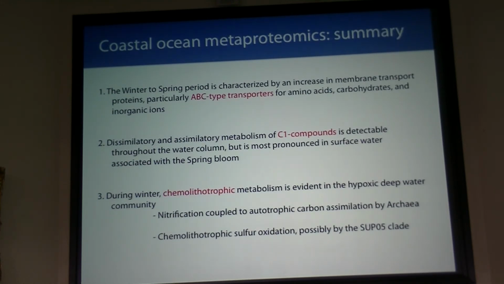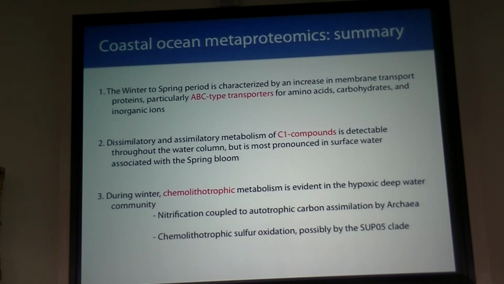Okay, so just to wrap up, using the proteomics, we were able to show that the metabolic pathways that are associated with spring phytoplankton blooms involve ABC type transporters. So we see this upregulation of proteins for the consumption of carbon compounds that are probably associated with the phytoplankton bloom. We found these novel C1 compound pathways, like methanol, that are detected in the water column.